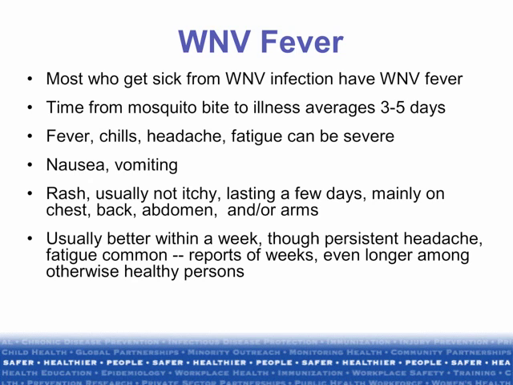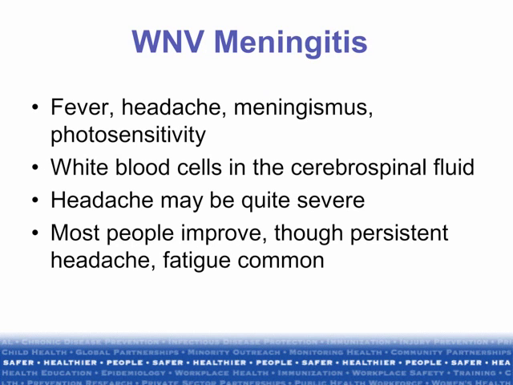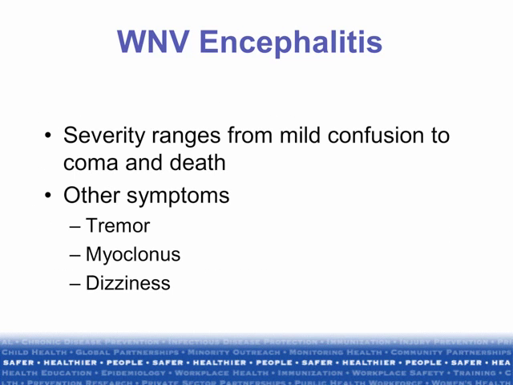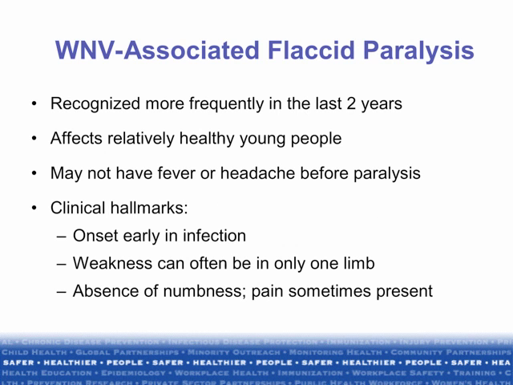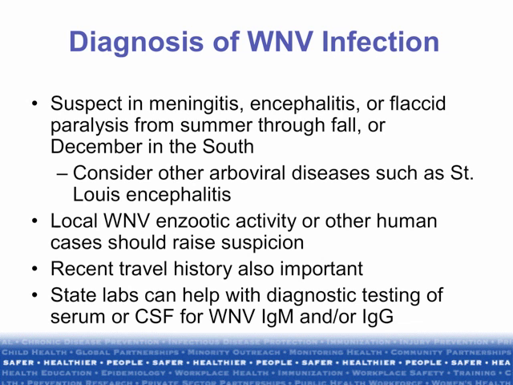So West Nile fever, most never get diagnosed, but the antibody titers could be positive. Aseptic meningitis can occur. And then the full-blown encephalitis with all of the cognitive dysfunction. Don't forget this one, flaccid paralysis, polio-like illness, 20-year-old. Excellent prognosis for this one. With the encephalitis, if it doesn't kill you, you're left with brain damage.